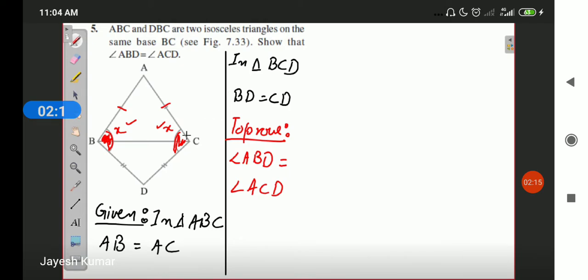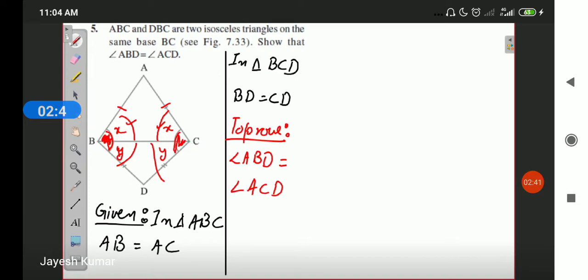Similarly, in triangle BDC, since it is an isosceles triangle, both of these angles will be equal. Now, the sum of this angle and this angle is x plus y, as well as the sum of angle ACB and DCB is also x plus y. Since the sums of both the angles are equal, the angles should be equal. In this manner, we can prove using only the theorem that both of these angles are equal.